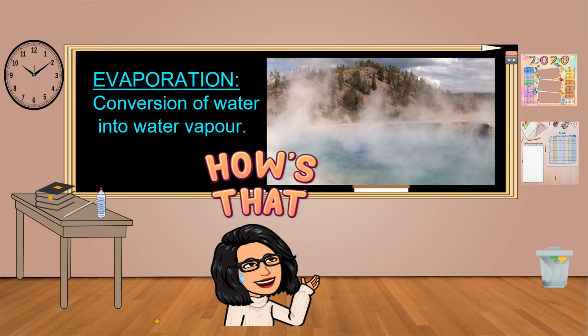Wow, what a beautiful picture. The water vapors coming out in the form of vapor, gaseous form. That's what is called evaporation, means conversion of water into water vapor due to heat is called evaporation.